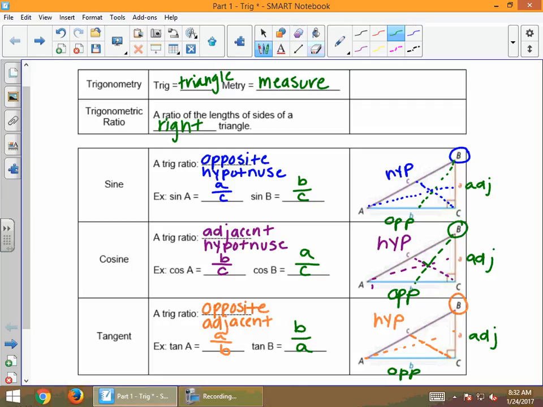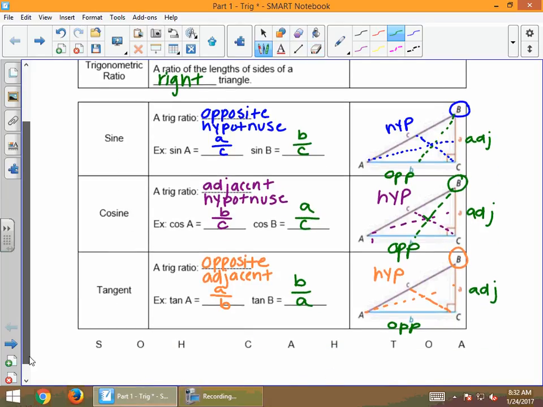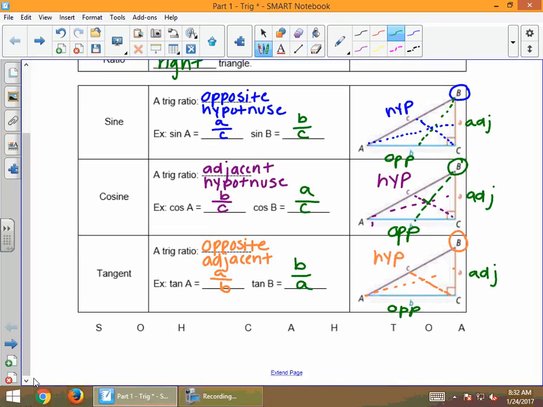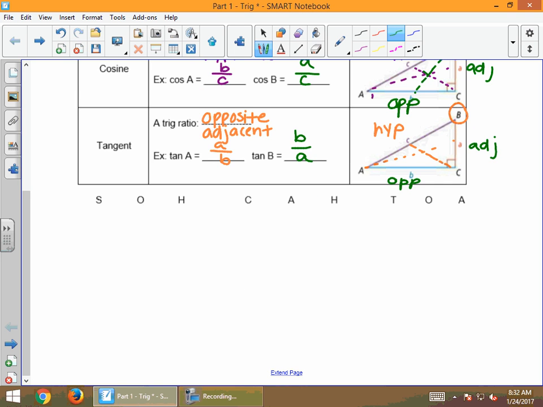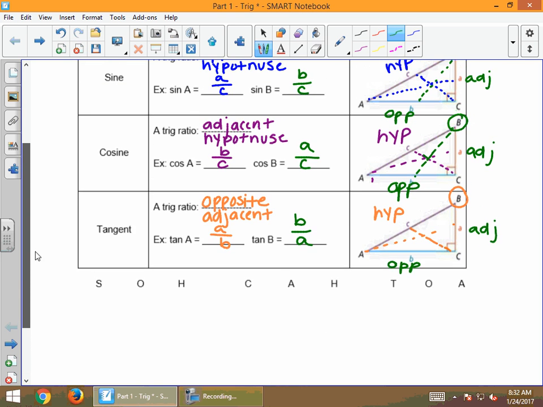You might be thinking, how am I supposed to memorize all these ratios? Well, we have a little saying. It's called SOHCAHTOA. This is a helpful little tool to make sure you remember those trig ratios. SOHCAHTOA is something you should always write at the top of your paper when you are completing these problems.